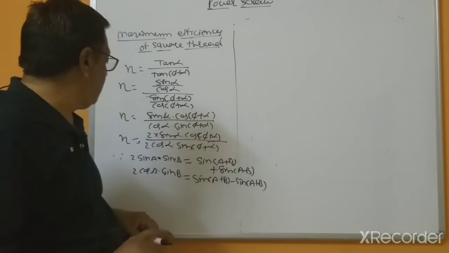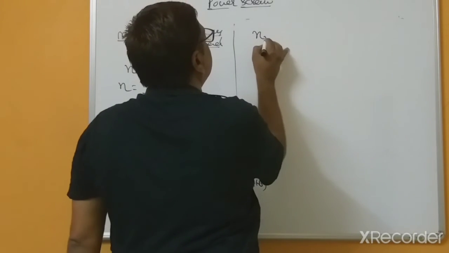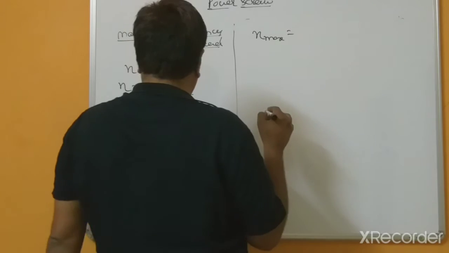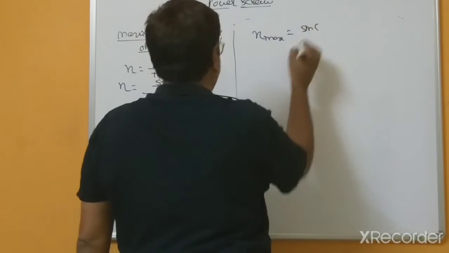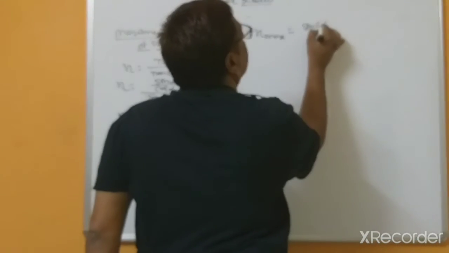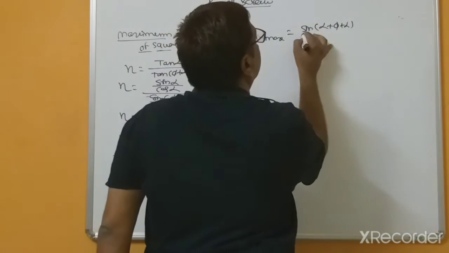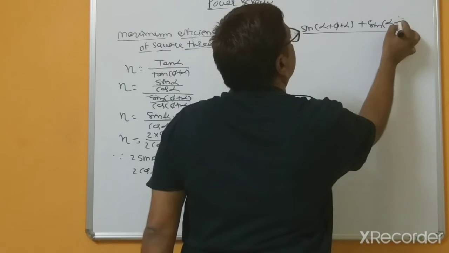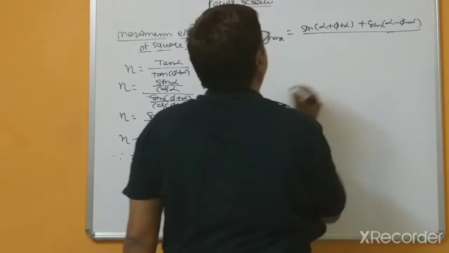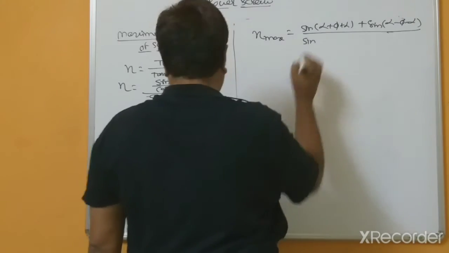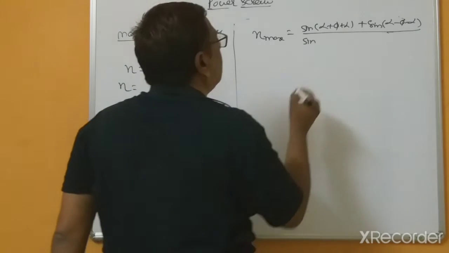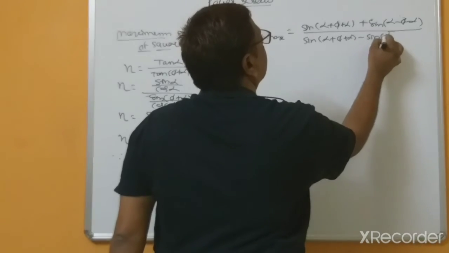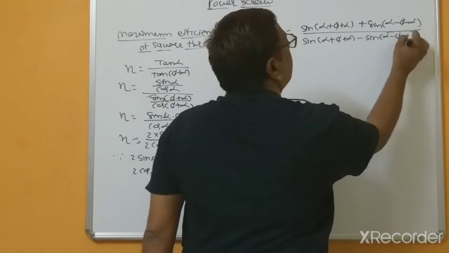So by using this basic formula we can write the maximum efficiency of the square thread equal to sin (A plus B), so sin (alpha plus phi plus alpha) plus sin (alpha minus phi minus alpha), divided by sin (alpha plus phi plus alpha) minus sin (alpha minus phi minus alpha).